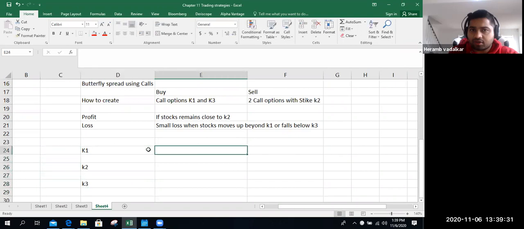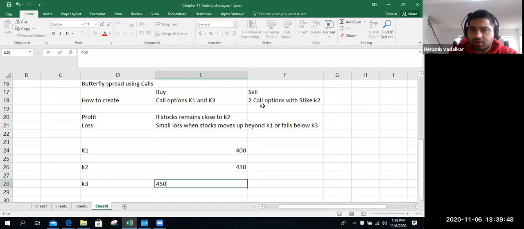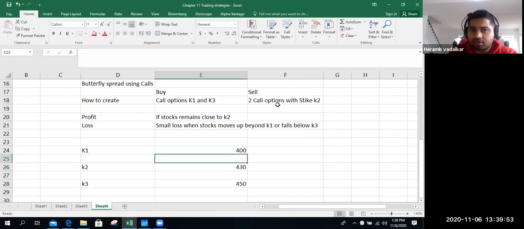Let's say we are creating a butterfly spread using calls on Tesla. So let's say this is 400, this is 430, and this is 450.